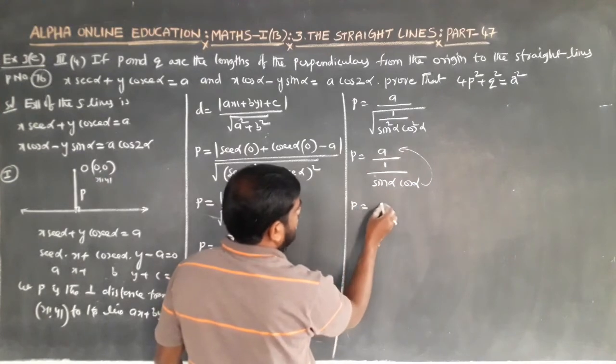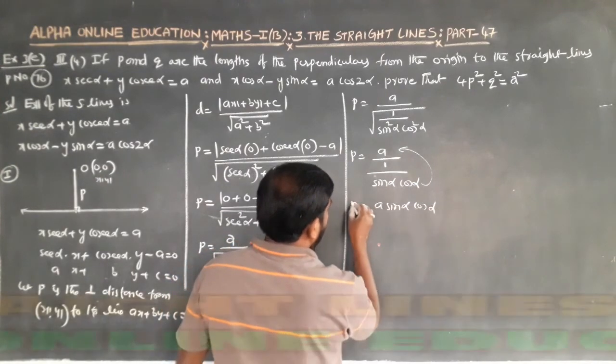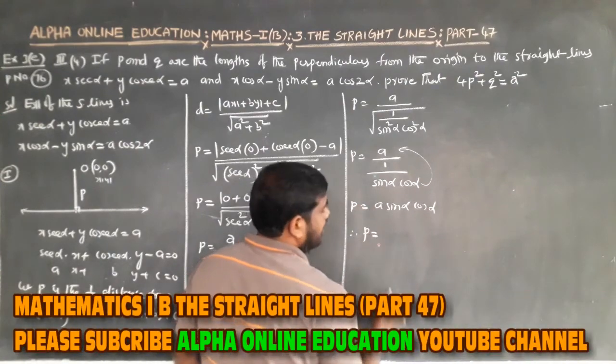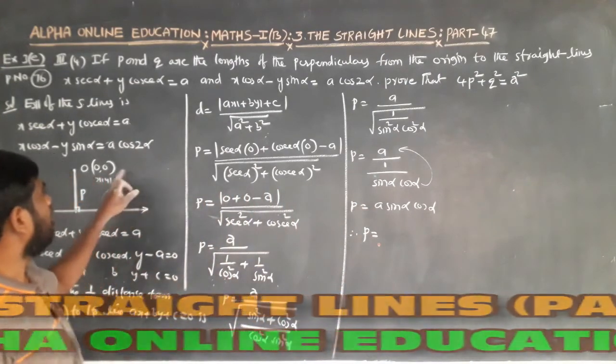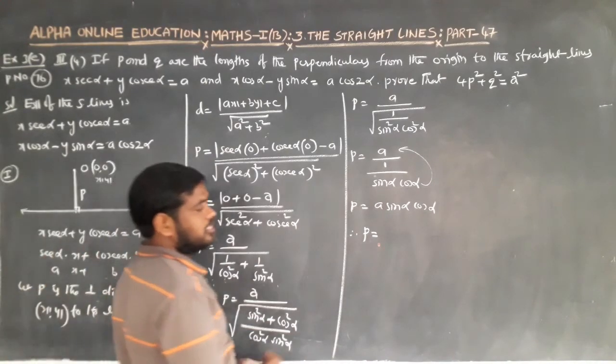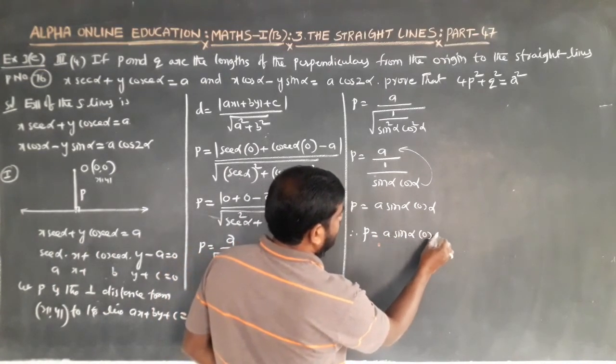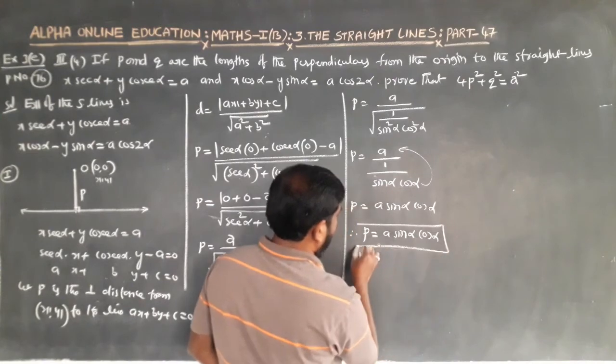So the perpendicular distance from the origin to the line x secant alpha + y cosecant alpha = a is a sin alpha cos alpha.